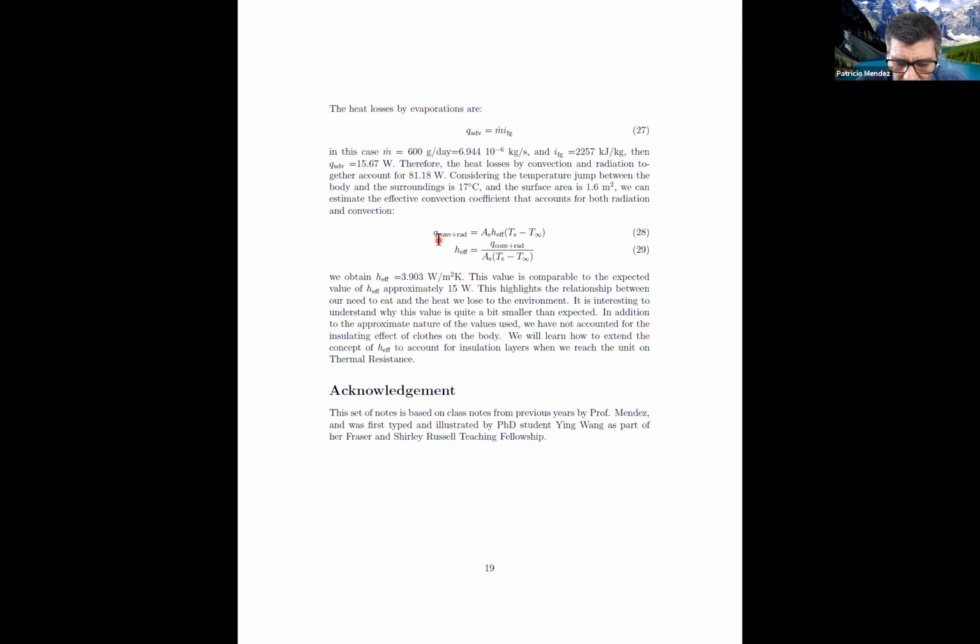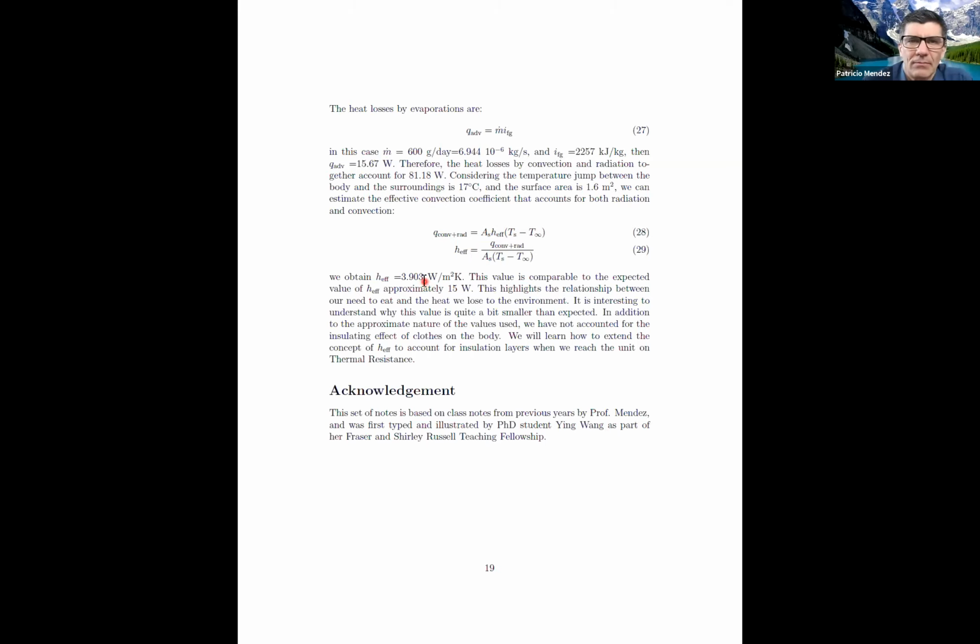If the heat I'm losing by radiation and convection is about 80 watts, I have these 80 watts, know the area, know the temperature difference. I can solve for the effective convection coefficient. And I get a number that is kind of 4, right?